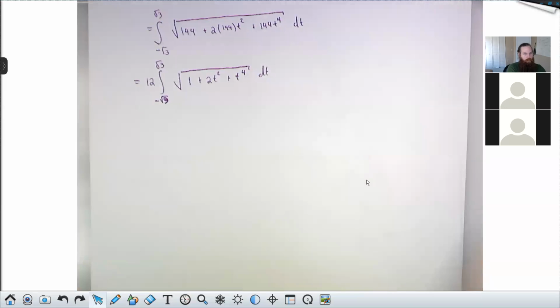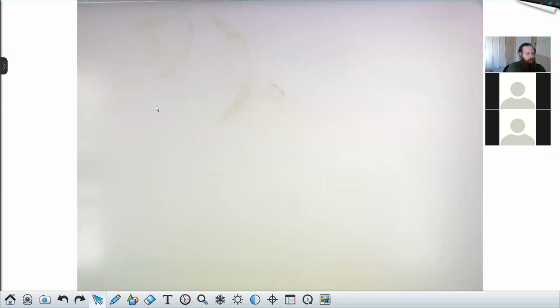So this is where we're at. And this happens to be an even function, so I could apply a symmetry trick here if I wanted to make my life easier. This function is definitely even, so I could call this 2 times the integral from 0 to root 3. The 2 and the 12 will interact.